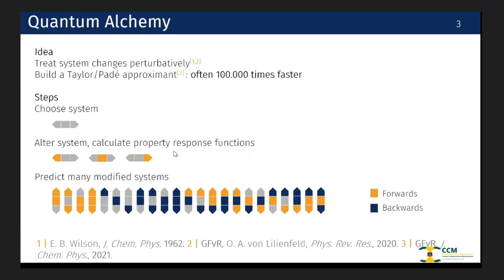So for example, reduce or increase the nuclear charges, and then you have the negative change. Now the beauty of this is you see here in first order approximation, you calculate three derivatives and you predict slightly more different systems. First order usually isn't accurate enough, but it gets the picture across.